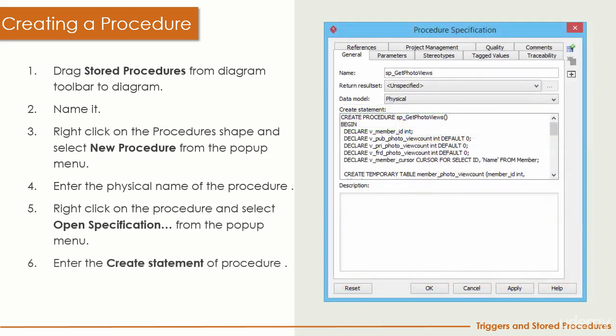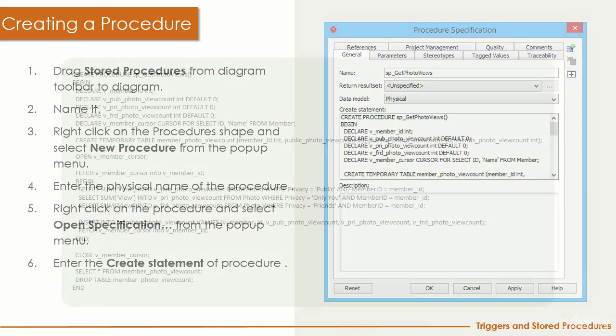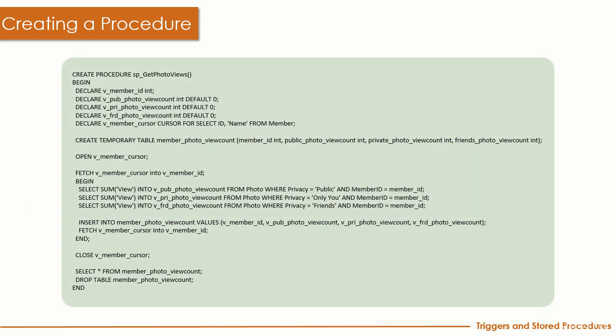Then you will see the dialog box of the specification. You can write the procedure like that. This is an example where you declare some variables and you create a temporary table. Remember, the procedure is running in the database, so you can do whatever you like at the database level. You just create a table, then you fetch the data, calculate the sum, insert into the table, and then continue the loop.